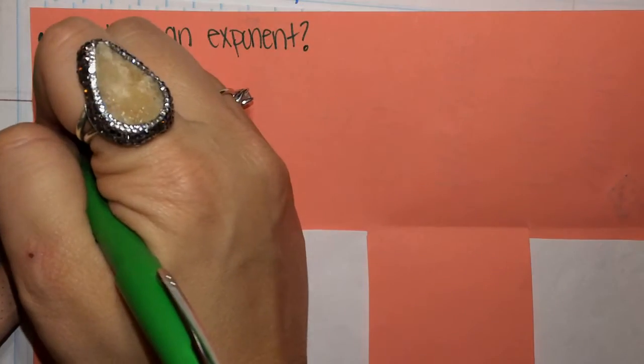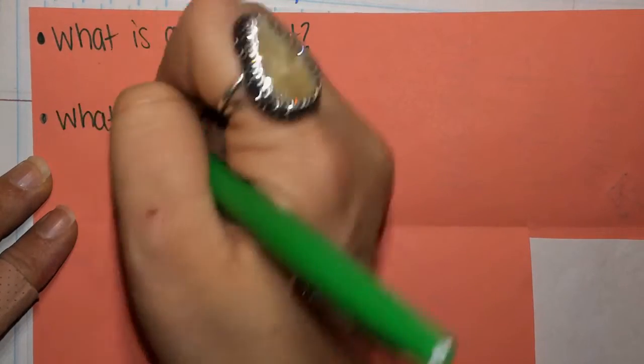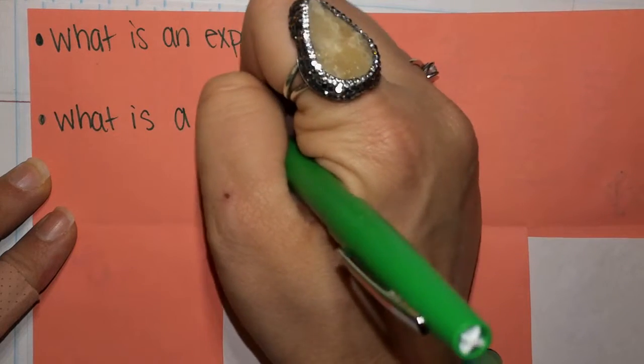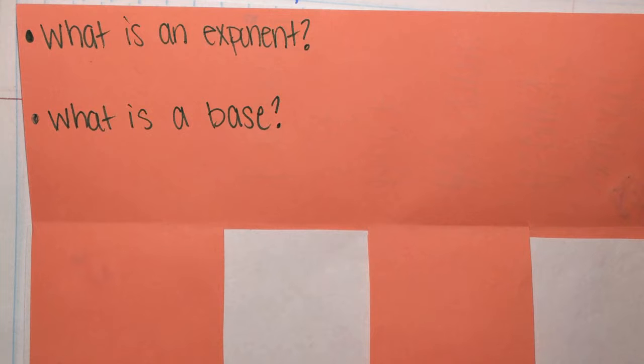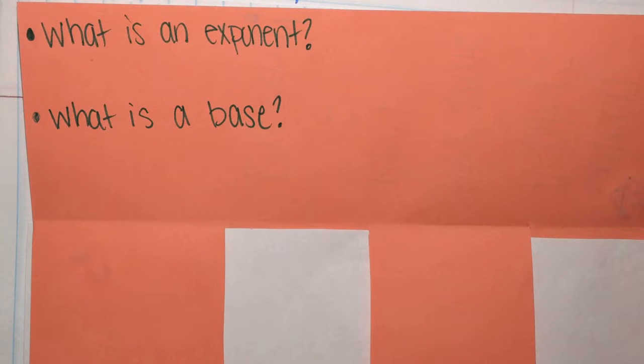The second question is, what is a base? And you need to leave room in between them so that we can write our answer. That's why I spaced it out, guys. You're going to have to write small.